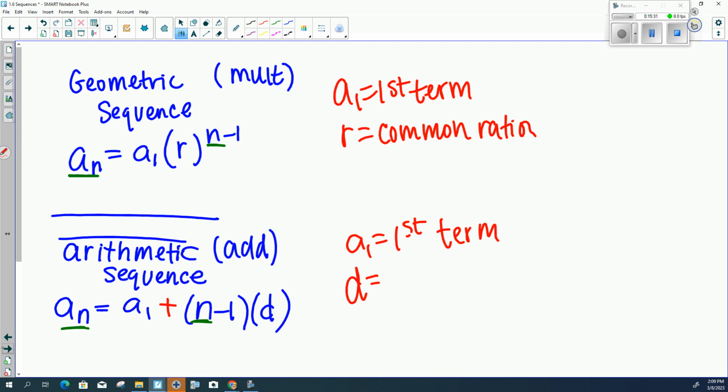This is a common ratio, a common difference, because we're adding or subtracting. It's the difference in the two numbers. So write those two down on that bottom equation, or that second equation. So make sure you write down a sub 1 is the first term still. That didn't change. But instead of an R, we have a D, which is the common difference.